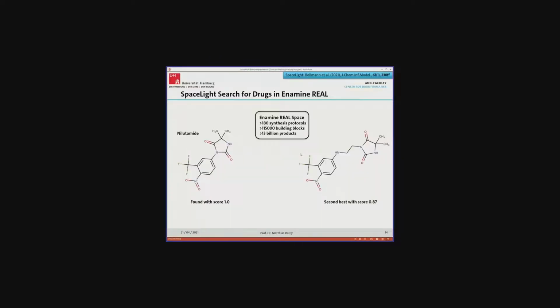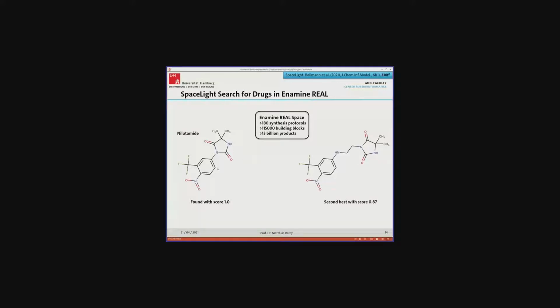Okay, so just to show you that the search is exact. If the molecule really appears in the space, you will find it. So whenever you have a score 1.0 molecule, you can look it up. In theory, it is possible that you have something very, very similar but not identical, but we haven't found a single case where this happened.